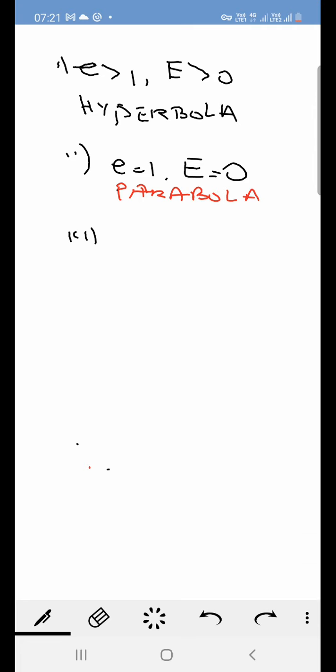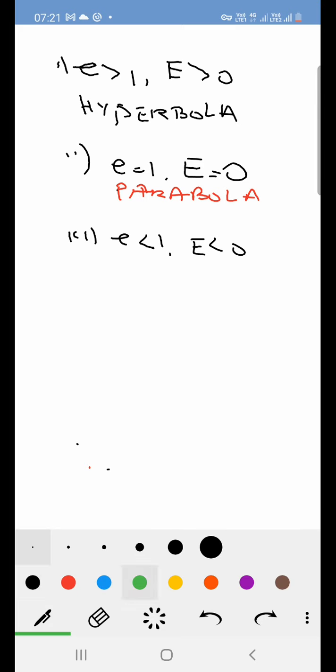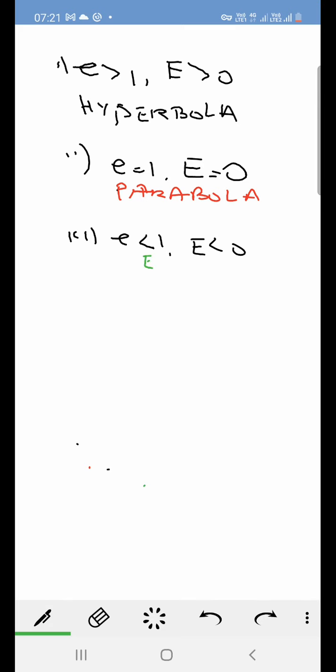The third is when e is less than 1 and also the energy is less than 0, then we will get the elliptical orbit, ellipse.